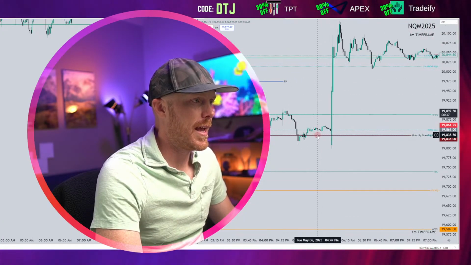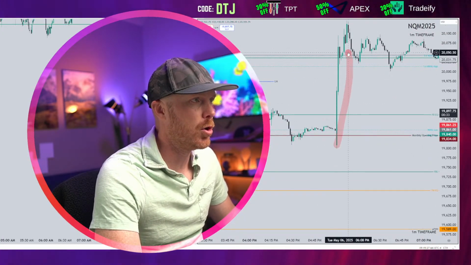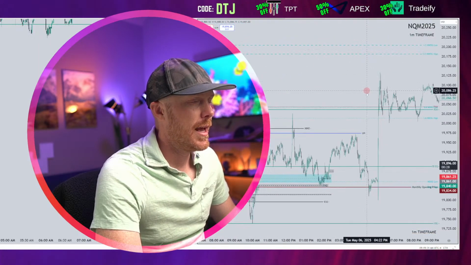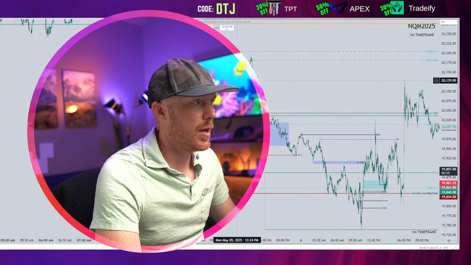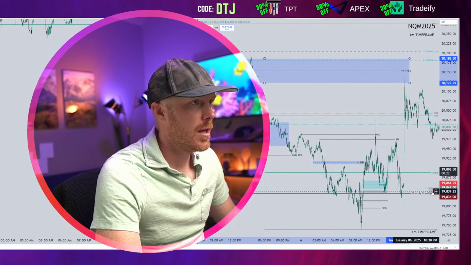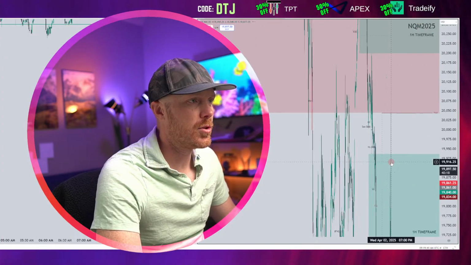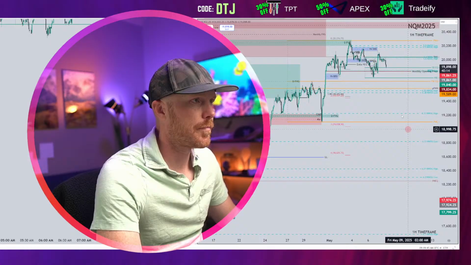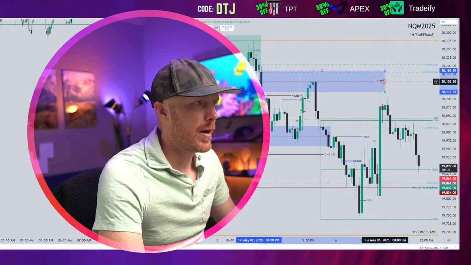The market then, right at open, at 6 p.m., just explodes higher, runs the highs, and also runs up, tagging the hourly SIBI. So if we jump up to the hourly time frame, you'll see what I'm talking about right here. We tagged this hourly SIBI right here.